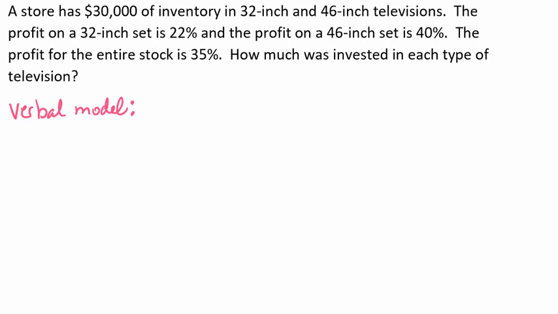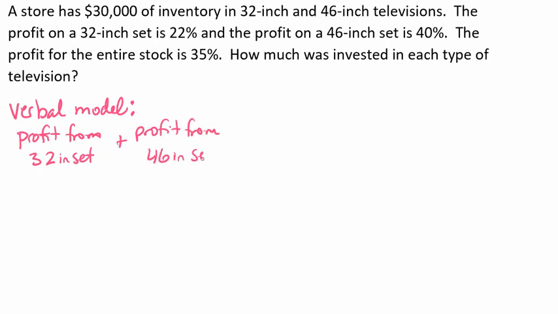Because we're looking for how much was invested in each type of television, we're going to start with the profit from a 32-inch set, and we're going to add that to the profit from the 46-inch set, and that's going to equal our total profit. Now the labels are what are going to really help us here.